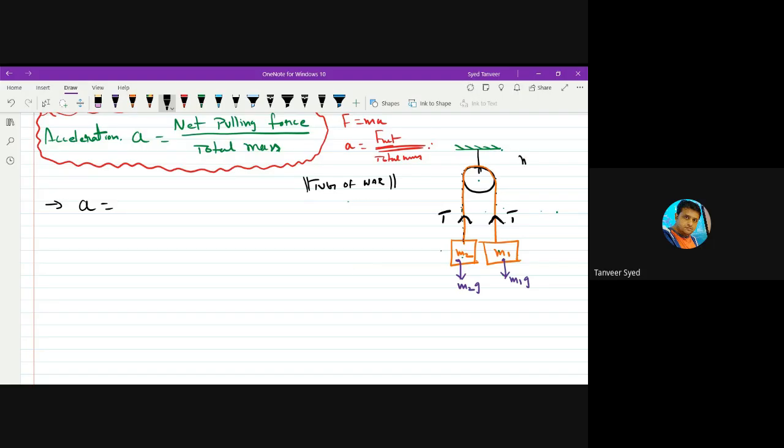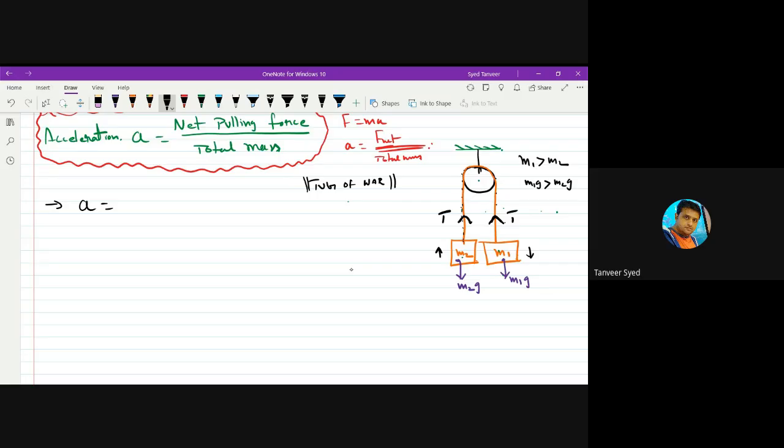We started this with the condition M1 is greater than M2. M1G minus M2G, that means M1G is greater than M2G. That's why M1 comes down and M2 goes up. If M1 is coming down, that itself means M1G is greater than M2G. This is tug of war. Who is winning in this tug of war? M1 is winning.